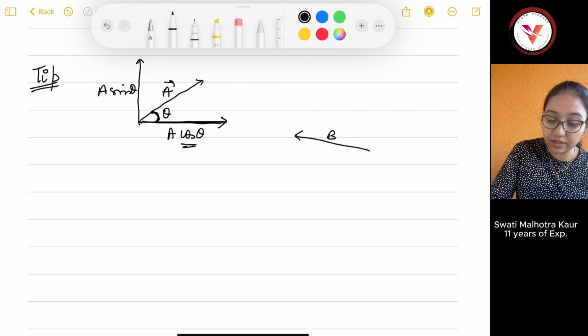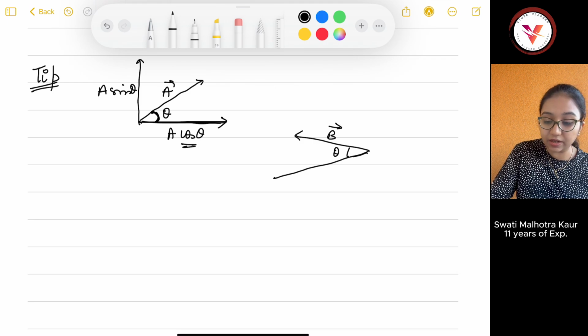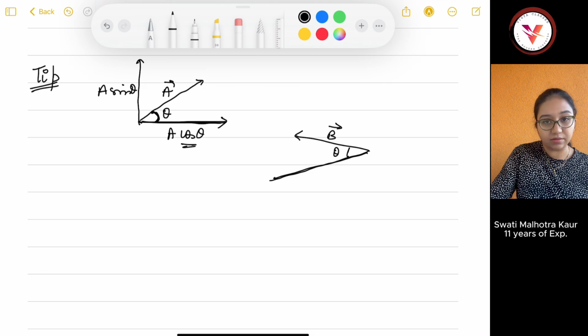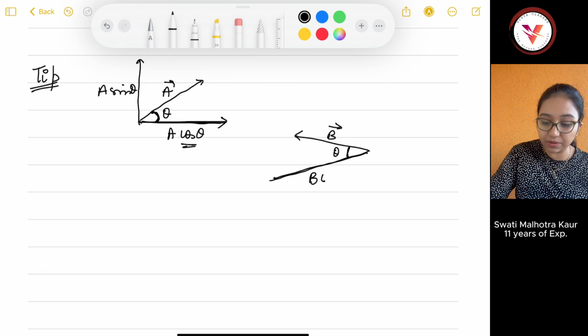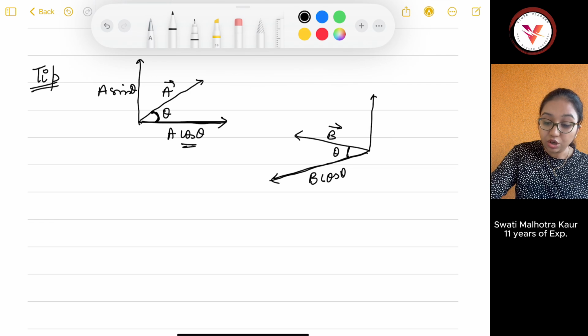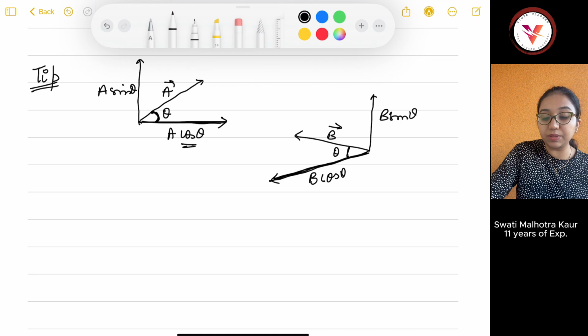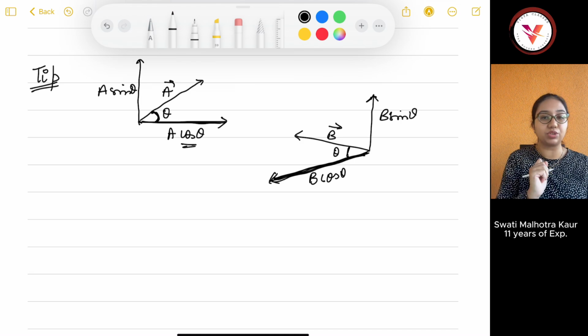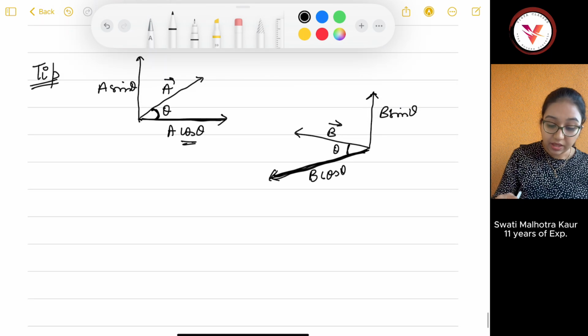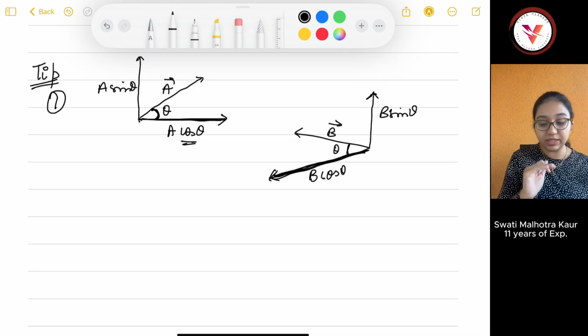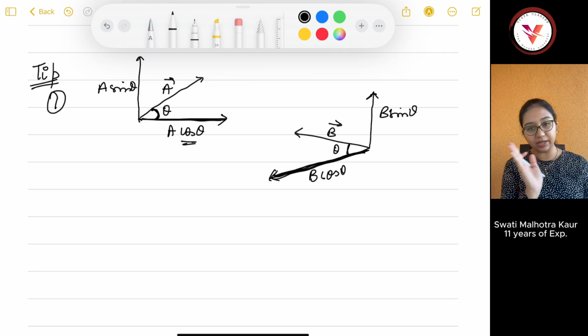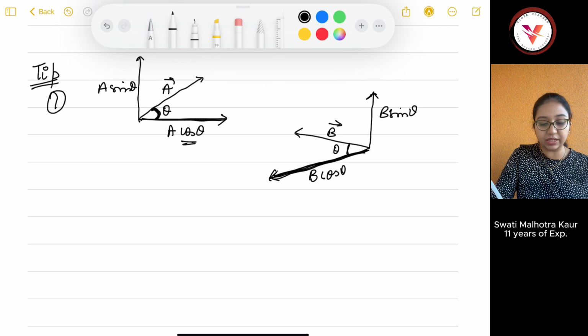Suppose your vector is here, let's say this is the B vector, and it makes an angle of theta here. Then the line with which it makes the angle theta becomes B cos theta, and the other, perpendicular to this line, goes with B sin theta, and you will get B cos theta and B sin theta perpendicular to each other.